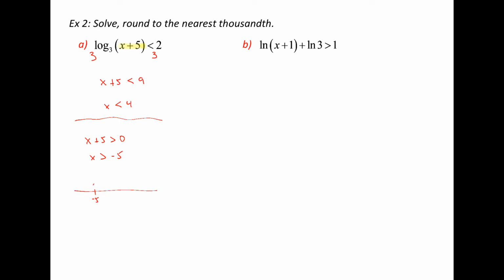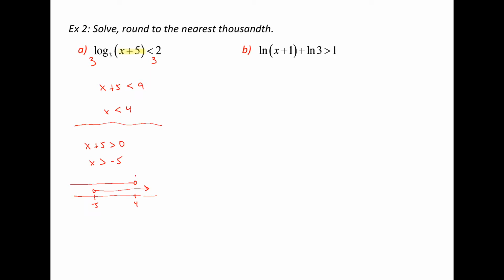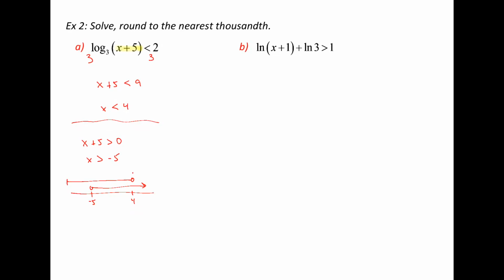You have negative 5, greater than, those are your possibilities, and then 4, less than, those are your actual solutions. Both of these have to occur, so therefore the only solutions that will work are the values greater than negative 5 and less than 4, except I put infinity, so less than 4. So there's your answer in interval notation.